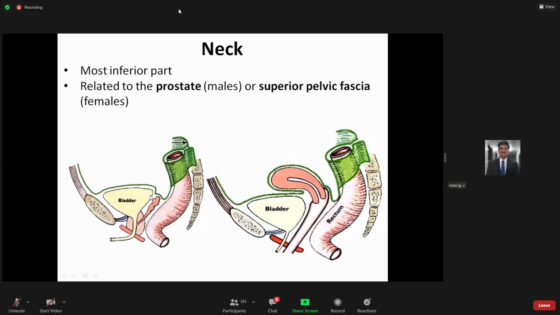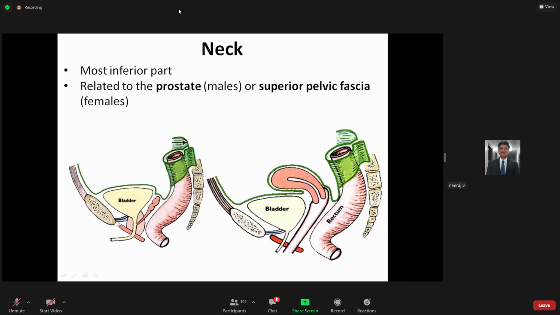You can see the posterior surface here, and because this is not a three-dimensional picture, we can see only one inferolateral surface, and of course there will be one on the other side. So these three surfaces meet at the neck, right? And it lies a few centimeters behind the inferior border of your pubic symphysis.